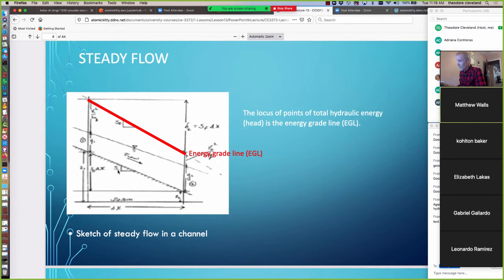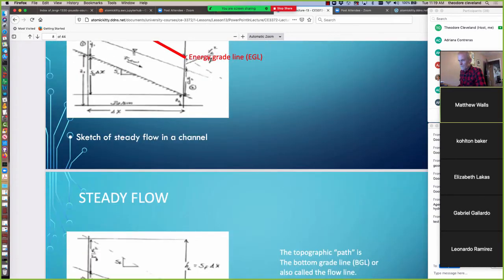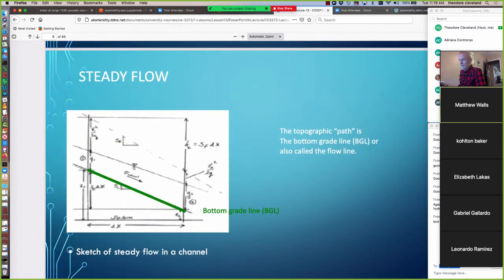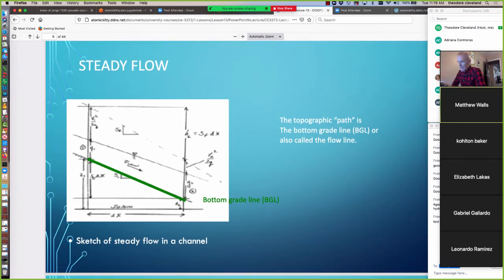And so the locus of the total hydraulic energy is called the energy grade line, plotted in red in this figure. And then lastly, I called the bottom slope the bottom grade line.